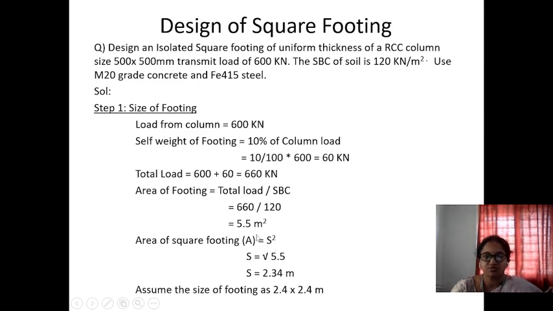So S is equal to square root of the area I have got, 5.5. With that I got the side of the square footing as 2.34. I have rounded to 2.4. As it is a square footing, L will be equal to B, that means the length will be equal to breadth. So 2.4 into 2.4 is my size of footing.